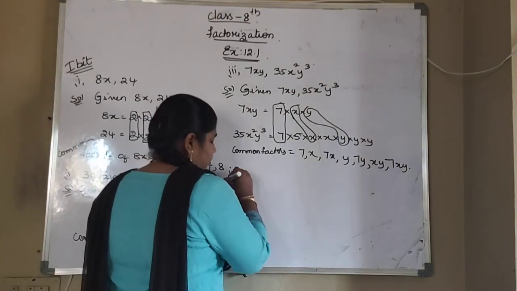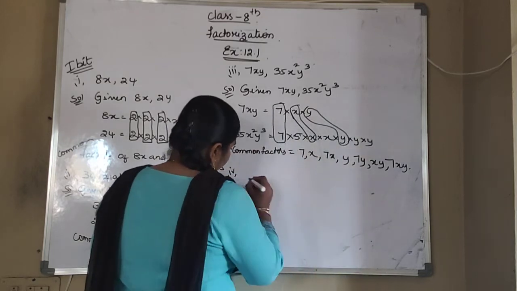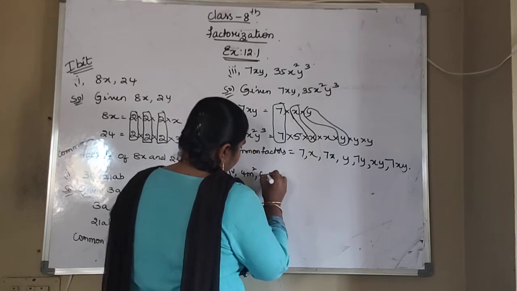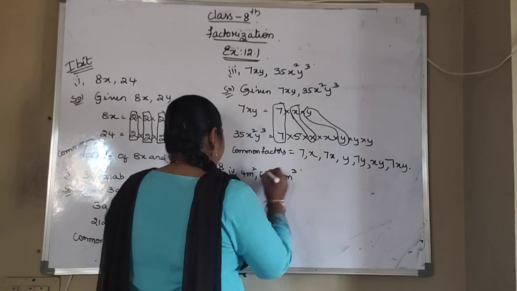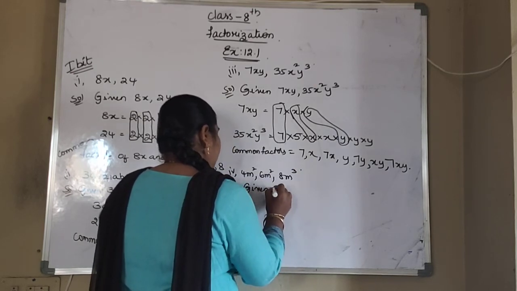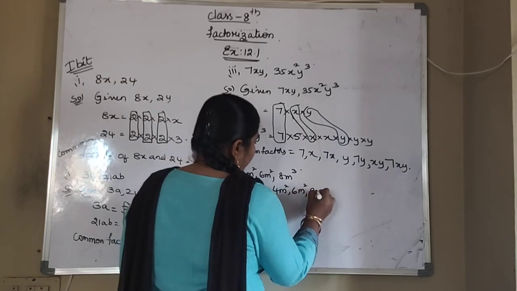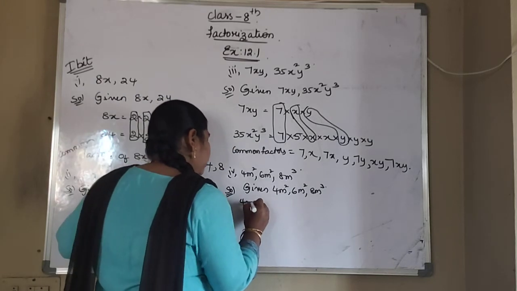So fourth one, 4m square, 6m square, 8m cube. Given 4m square, 6m square, 8m cube.